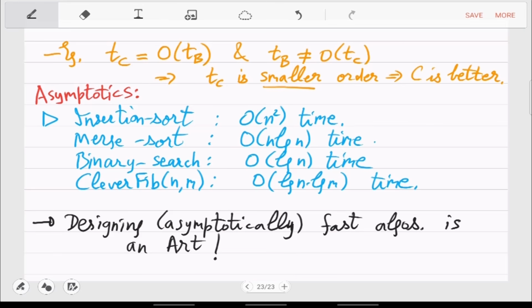So let us see some more challenging algorithm design problems.